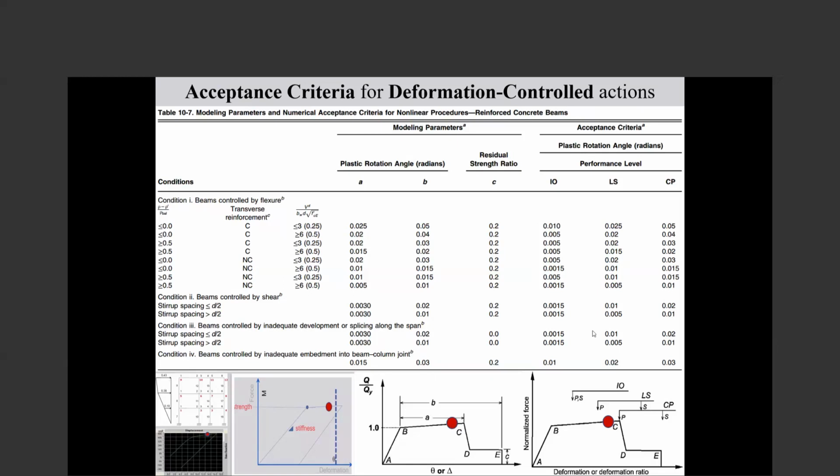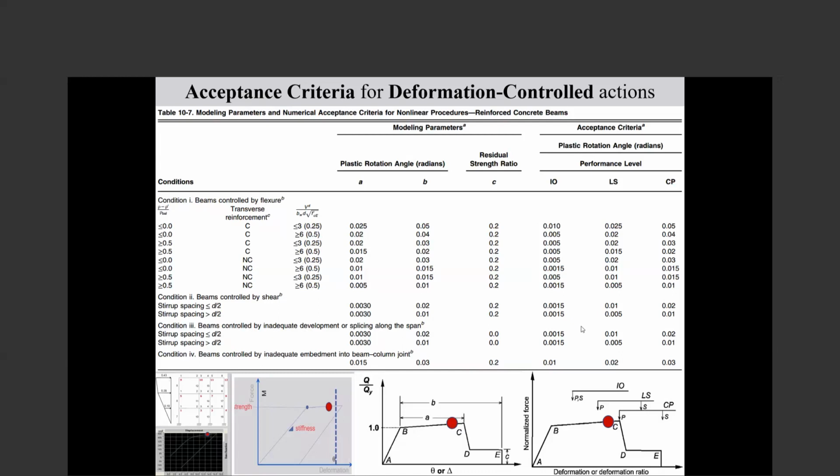Then the nonlinear static procedure can be applicable if we wish to design a new building as per NBC. Please be informed that the pushover process is included in our new code as an analysis tool section.